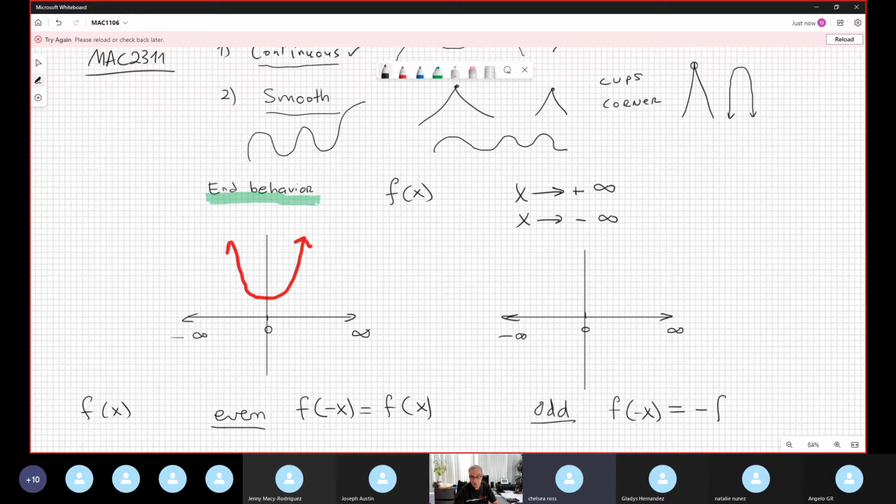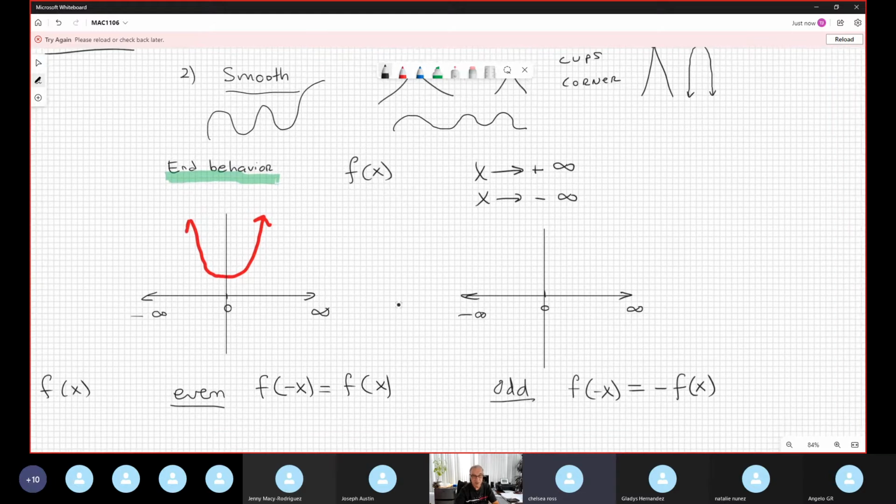It's minus f of x. In other words, when you have the function and you are doing reflection about the y-axis, it's equivalent to doing reflection about the x-axis. Okay, a typical function that satisfies this idea is something like that.